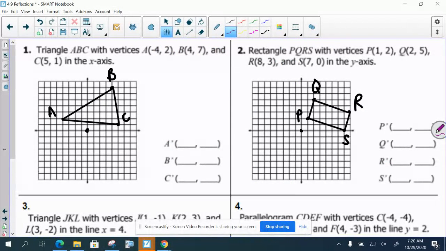So let's do a few examples. Number one, a triangle ABC with vertices shown below, and reflect it in the x-axis. If you're doing this on paper, you might want to highlight the line of reflection. So there's the line of reflection.